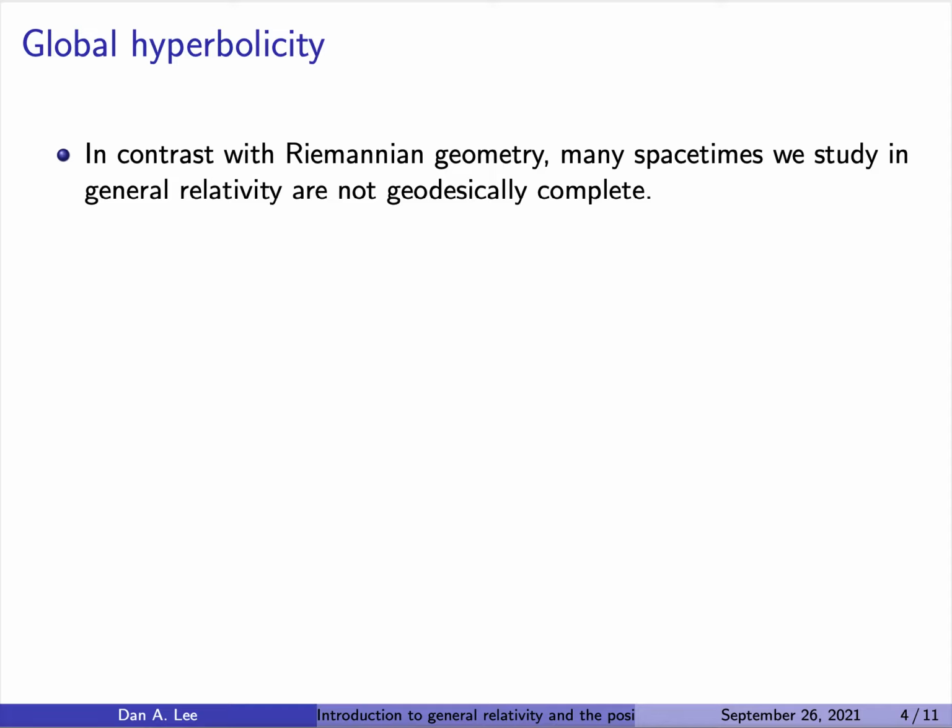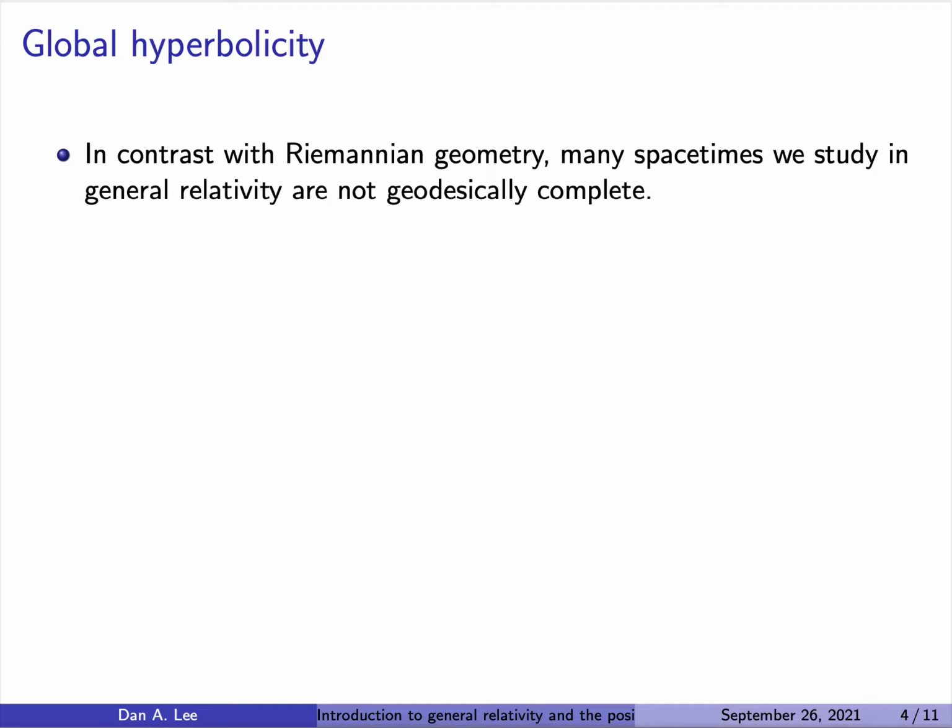Okay, but we actually are going to want some stronger causality assumptions. It's a little bit tricky because, unlike in Riemannian geometry, many of the spacetimes that we study in general relativity are not geodesically complete. So in Riemannian geometry, sometimes you're interested in purely local questions, where you'll just be looking at a small open set.